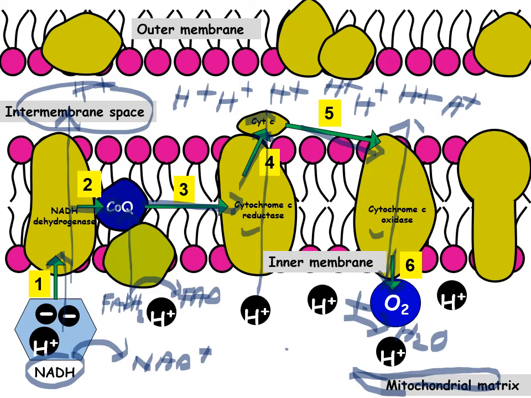When the concentration of H+ in the intermembrane space is high, it creates a proton gradient, causing the protons, or H+, to diffuse back into the mitochondrial matrix. Because the inner membrane is impermeable to protons, they cannot pass through it, so they must pass through ATP synthase. This is ATP synthase.